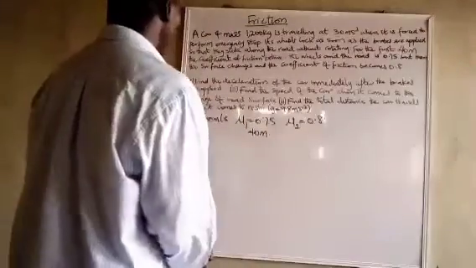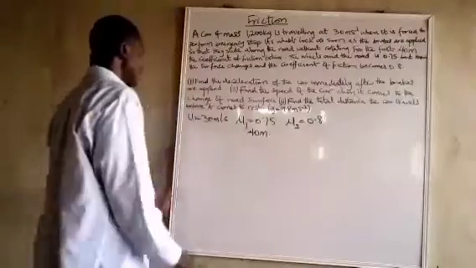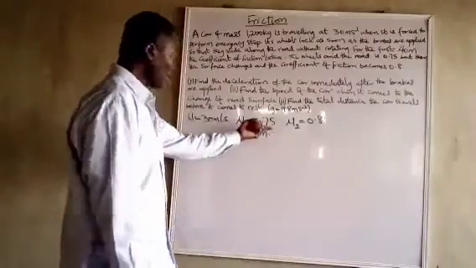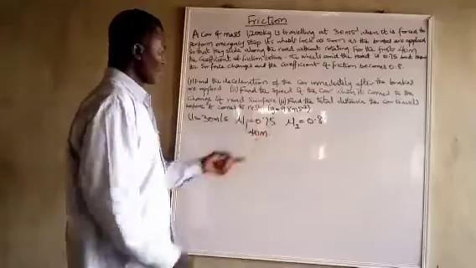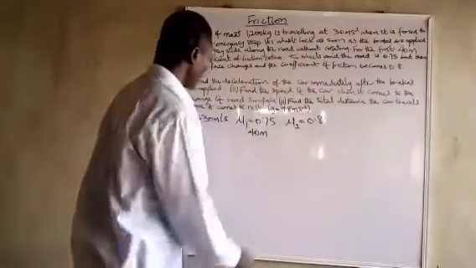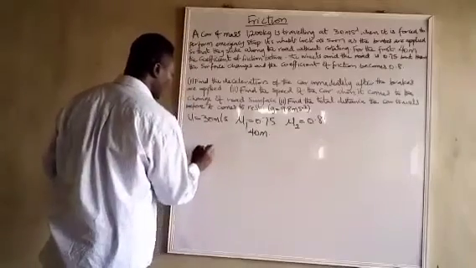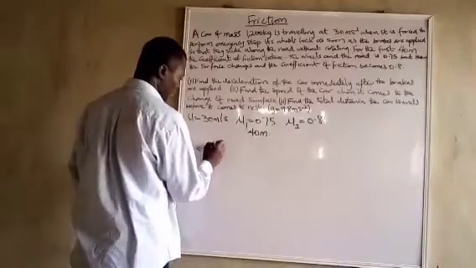We are now told to find, one, the deceleration of the car immediately after the brakes are applied. This determines the deceleration for the first part, and this determines the deceleration for the second part. Now, what do we do? We know that the frictional force acts against the motion.